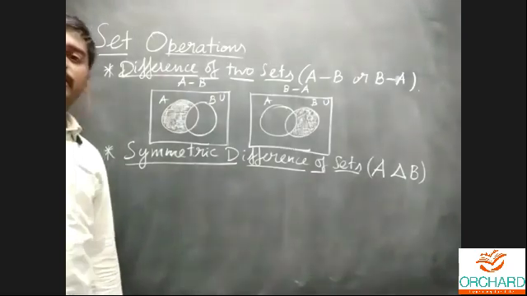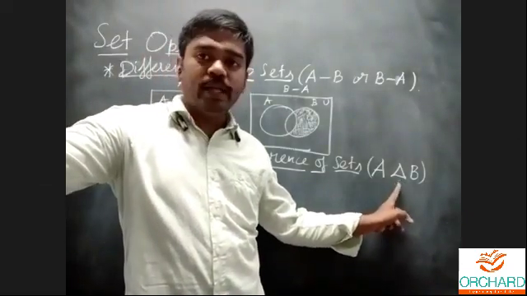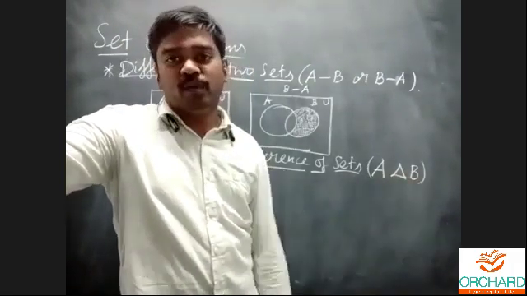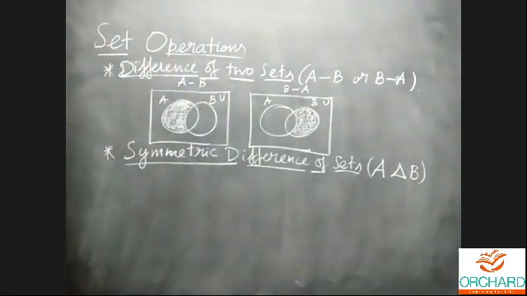That is A symmetric difference B. Actually, the symbol is denoted by delta. How to read that? A symmetric difference B.